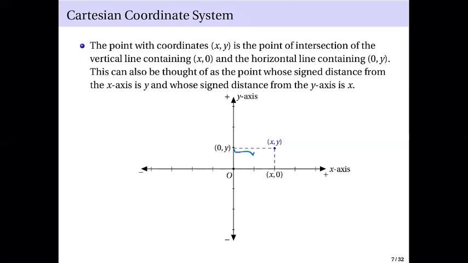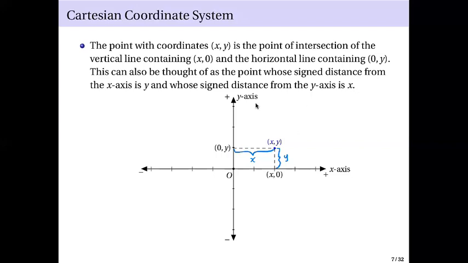This distance here, the signed distance, is equivalent to x. So the distance from the y-axis is x. And then the distance of the point from the x-axis, this is your x-axis, is equal to y.